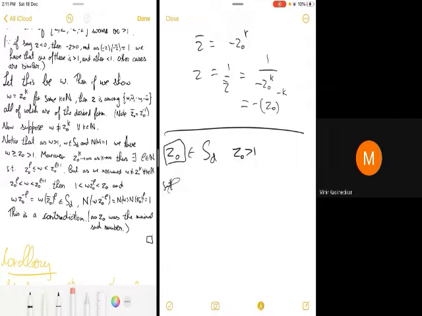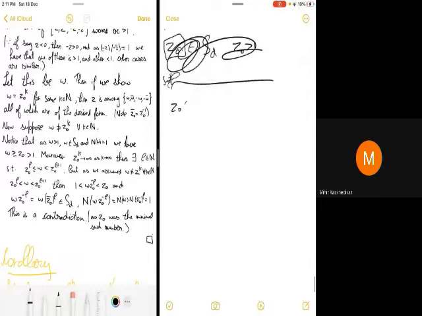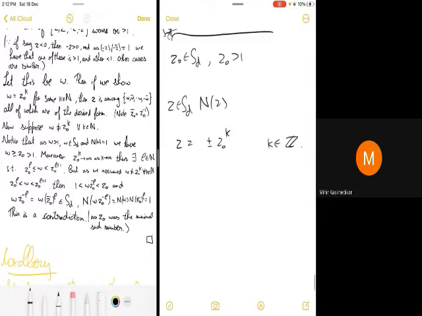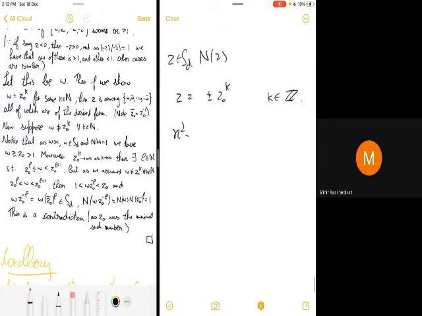Till now we assumed that there is one solution, and then we showed that there is this fundamental solution such that this holds, and all solutions to Pell satisfy z is plus or minus z naught power k. So this is great, we have already done a lot of work. We have almost found all solutions to this equation.